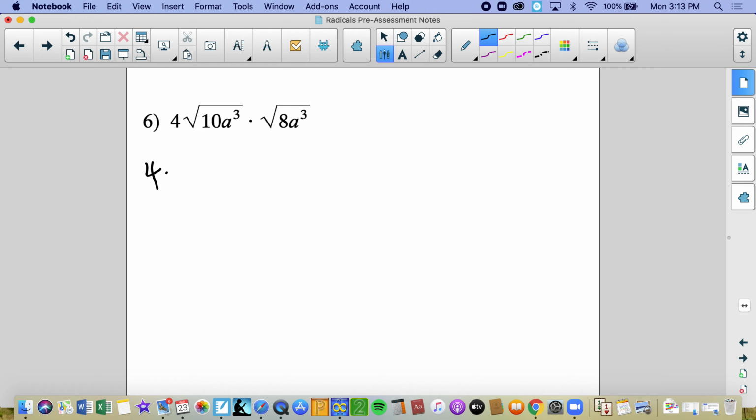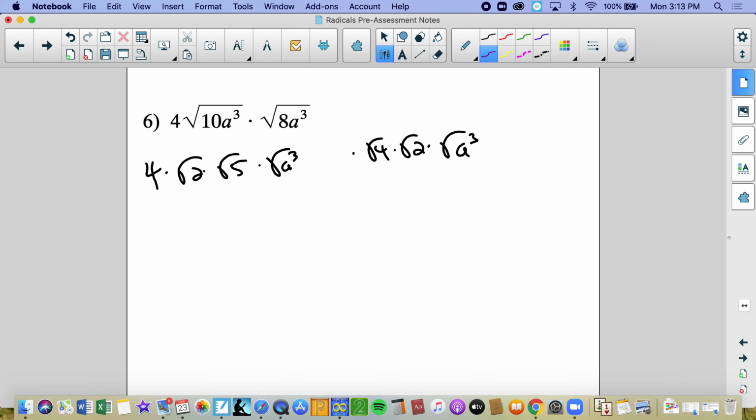Next, I'm going to break that into rad 2, rad 5, rad a squared, rad a, rad 4, rad 2, rad a. Ooh, I'm going to go back. I'm going to keep it as rad a cubed, because those are going to match.